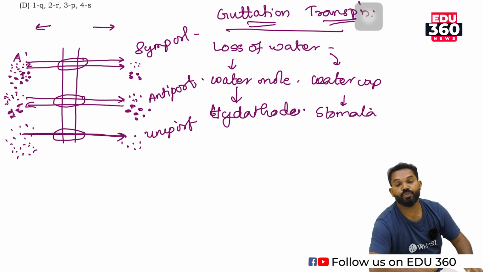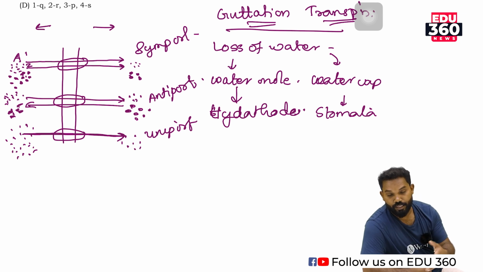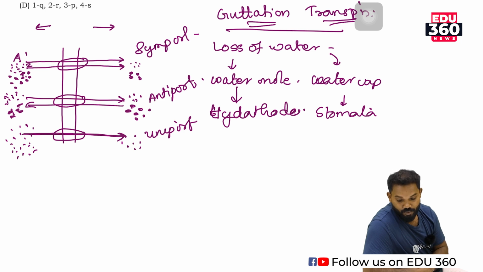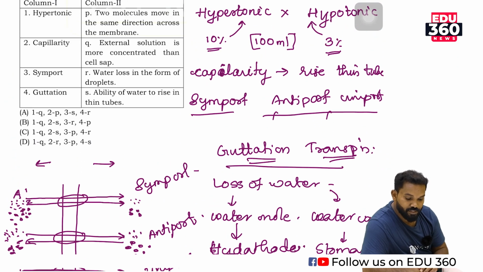Guttation is mainly due to root pressure. Transpiration is due to the transpiration pull effect. Transpiration generally takes place during the daytime, while guttation takes place during the dark or night period. Guttation is water loss in the form of water droplets.